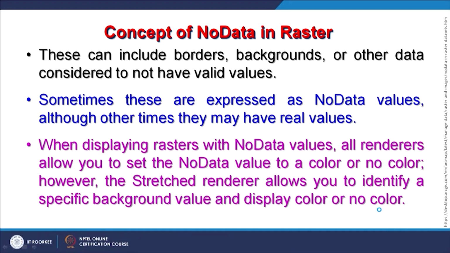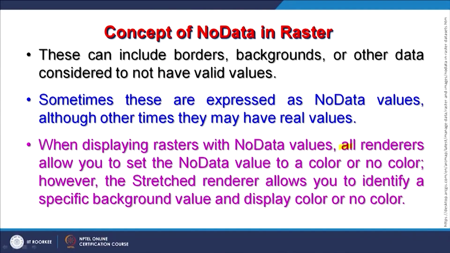In early GIS systems, when no data handling capabilities were not there or not implemented, we had great difficulties for areas outside, and we used to handle this data in a completely different way. When we display a raster with no data values, sometimes the software automatically assigns no data a color, or basically assigns no color.